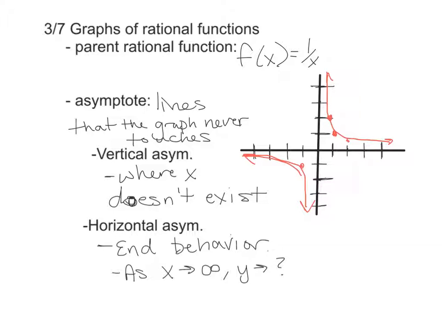Now, if we're talking about asymptotes with this one, notice where's my x not going to exist? Well, if I plug in 0 on the bottom, I'll get an undefined number, so I'll have a vertical asymptote at x equals 0. And then as x approaches infinity here, y would approach 0, so I have a horizontal asymptote at y equals 0 for my parent graph.